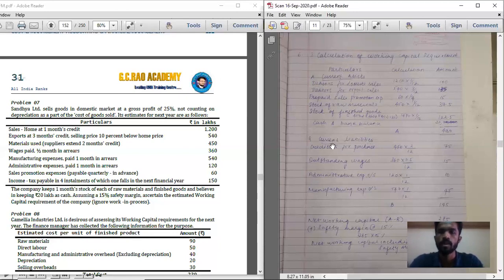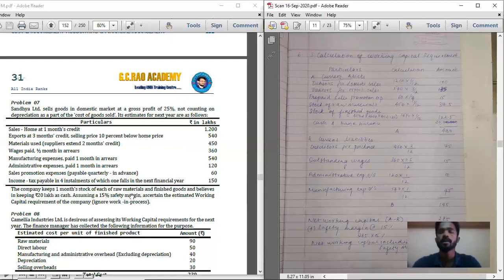Now next, below that, stock of raw material. How much stock of raw material is to be maintained? Below the prepaid sales promotion expenses, put stock of raw material. The material use they have given is with suppliers extending 2 months credit. And the company keeps 1 month stock of raw material and finished goods.